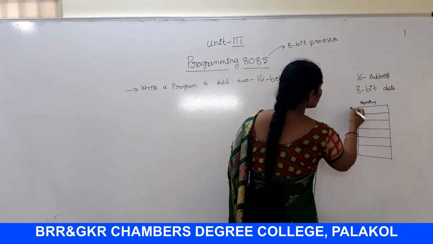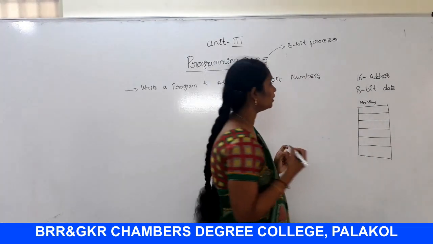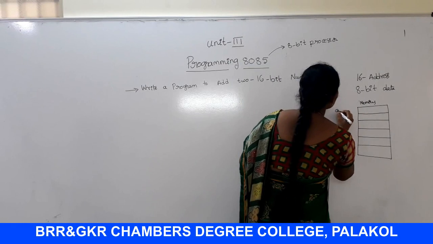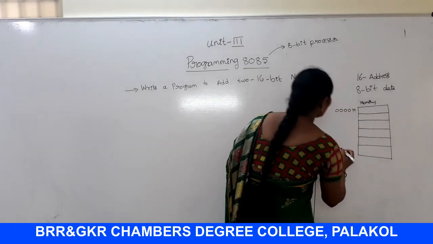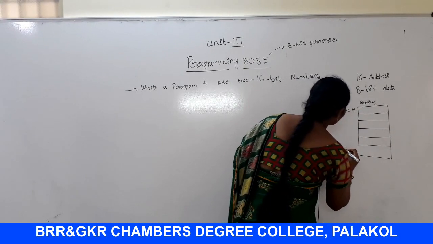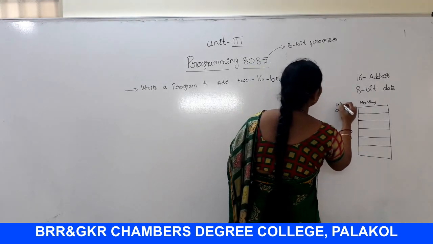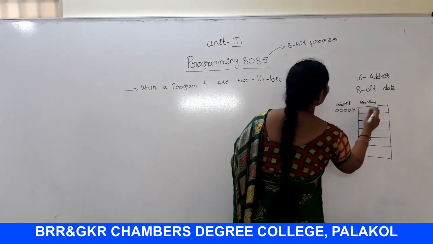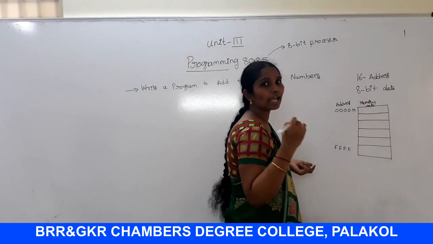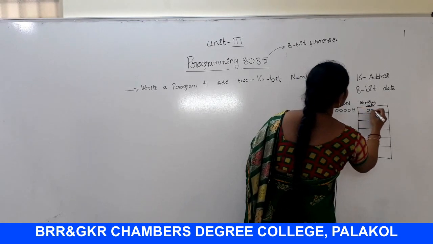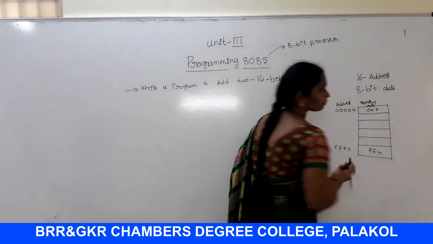Outside of this memory there is an address, which is a 16-bit address. The starting address is 0000H up to FFFFH. Here the data is 8-bit, so it goes from 00H to FFH.